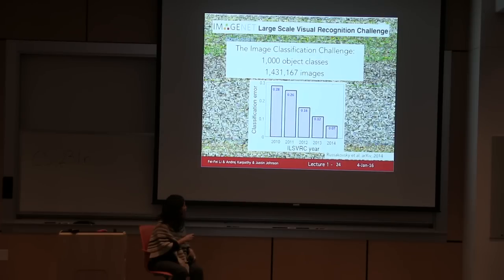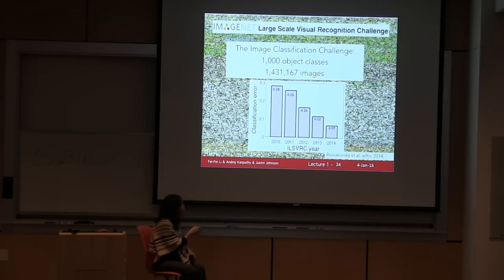That's actually around the time Pascal colleagues told us they were going to start to phase out their challenge of 20 objects. So we phased in the 1,000 object ImageNet challenge. The y-axis is error rate, and we started with fairly significant error.